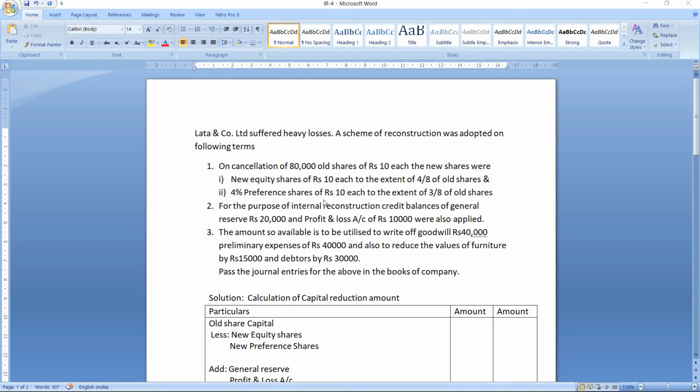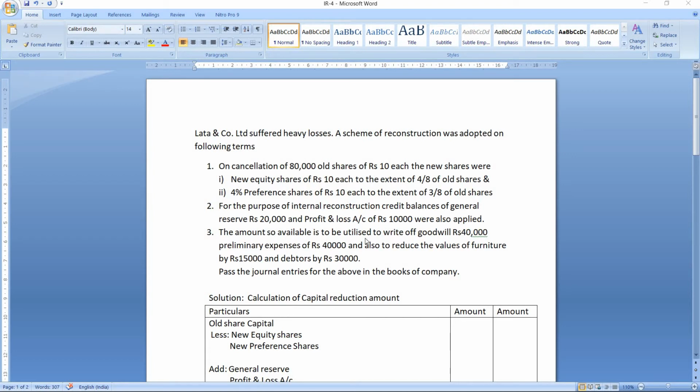For the purpose of internal reconstruction, credit balances of general reserve rupees 20,000 and profit and loss account of rupees 10,000 were also applied. So here you have got reserves, general reserve and profit and loss account. So even that has to be utilized for capital reduction.